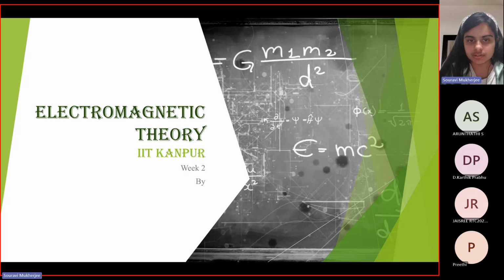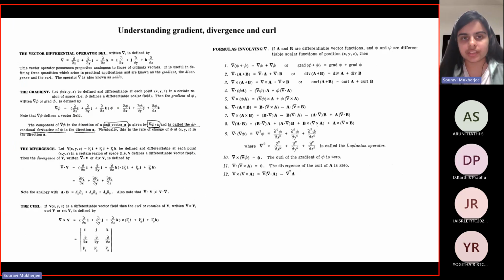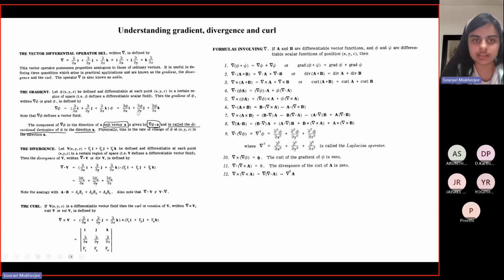So first, we'll look into the physical understanding of gradient, divergence and curl before proceeding forward. This is the definition that we talked about mathematically. If you have some scalar and you apply this differential operator, that is the gradient, a vector quantity.